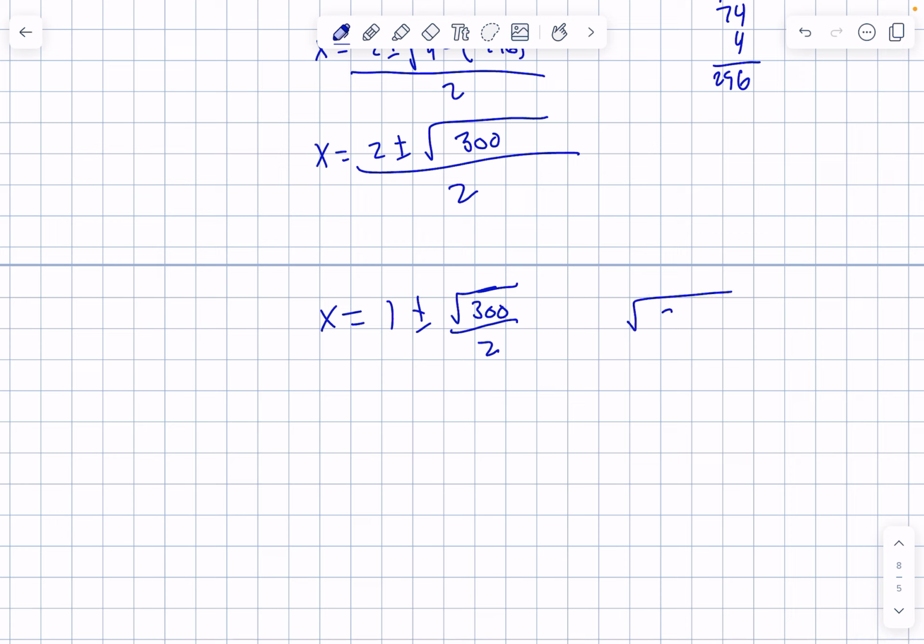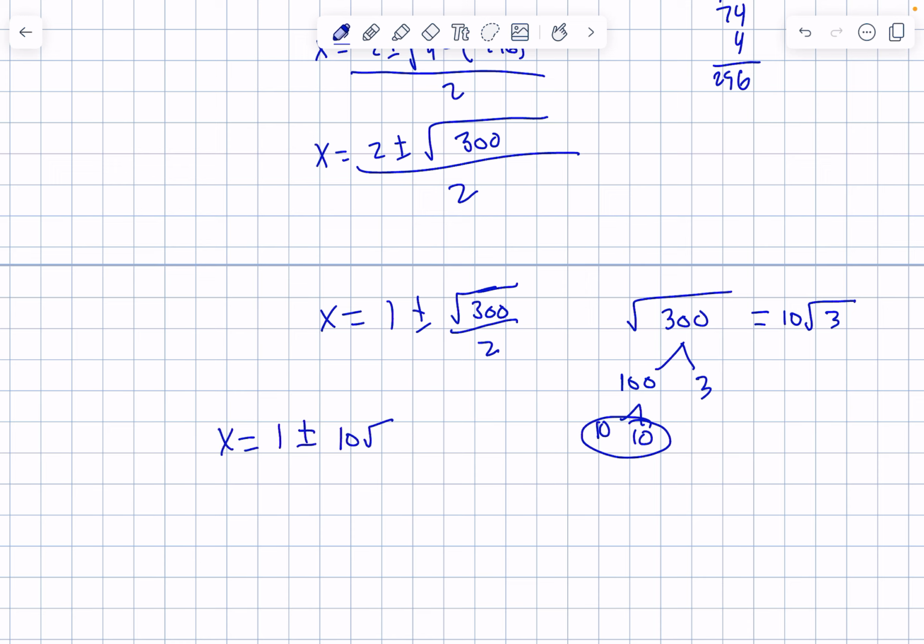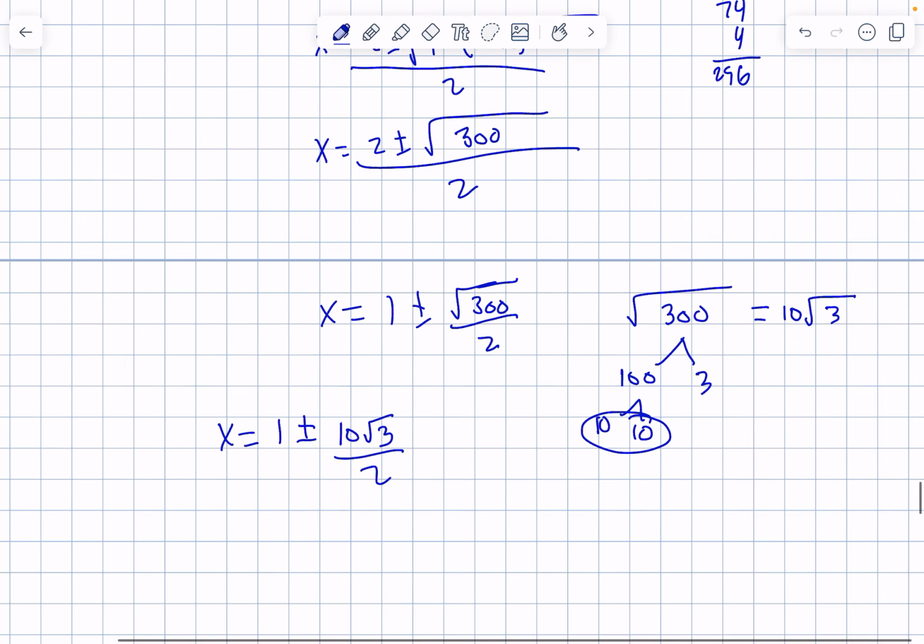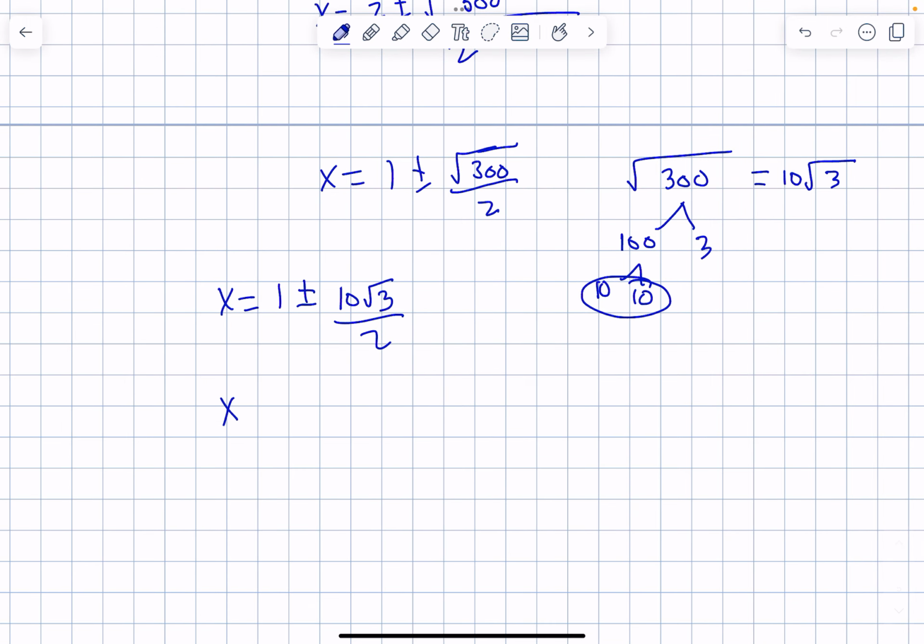The square root of 300 can be thought about as 100 times 3, and 100 is a perfect square. So this is equal to 10 square root of 3. So x is equal to 1 plus and minus 10 square root 3 over 2. So x is equal to 1 plus and minus 5 square root of 3.